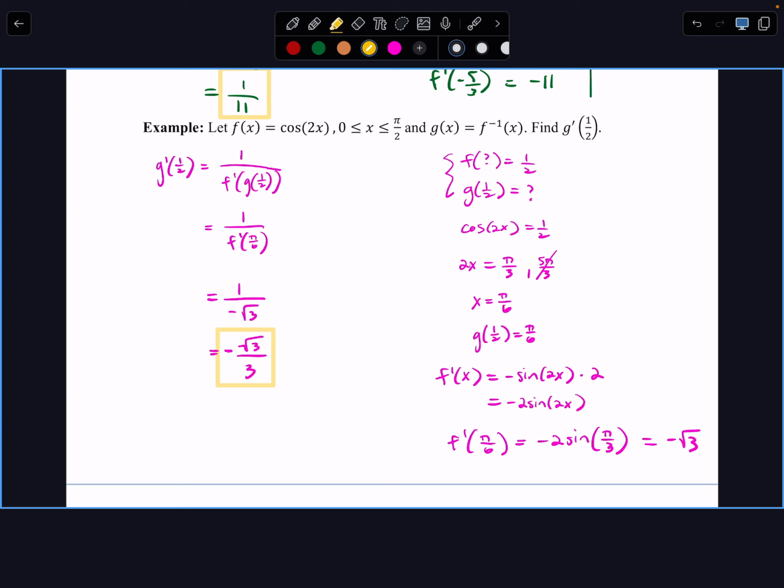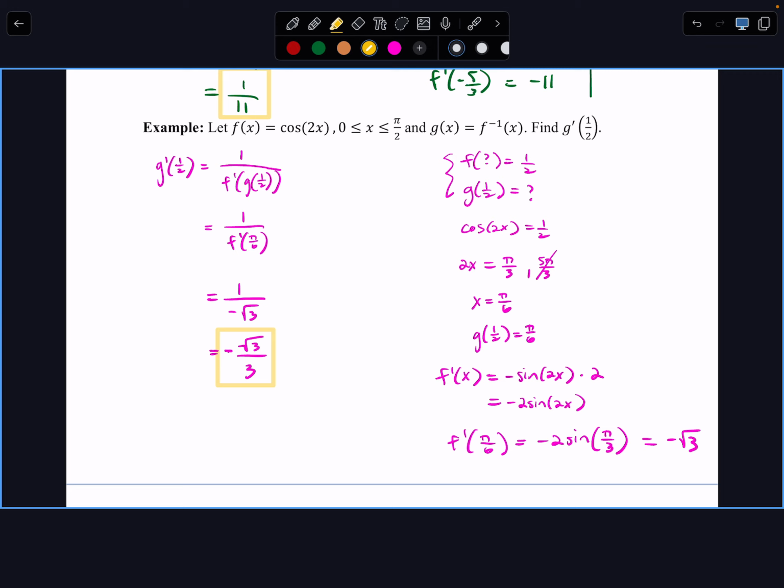Now, you could have thought about the general solution set and then figured out which solutions would be between 0 and pi over 2. I thought about the solutions from 0 to 2 pi. That 2 is horizontally compressing the graph, horizontally compressing the domain.